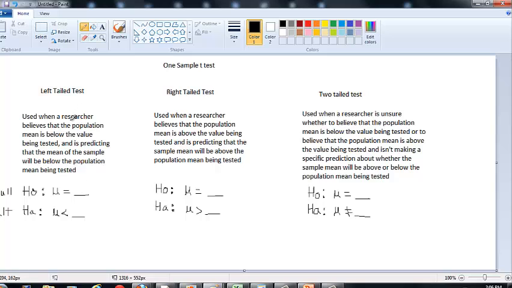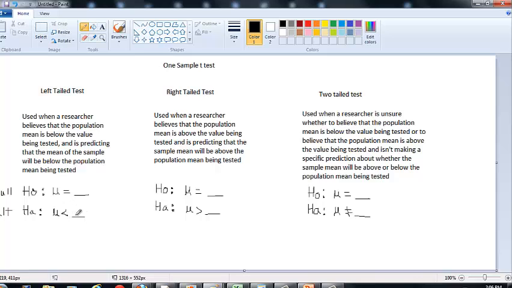In a left-tailed test, the researcher has a reason to believe that the population mean is below the value being tested, which means the researcher is hoping to show evidence to support their belief. They're hoping to show evidence that it's below the value being tested, which is why there's this less than sign.